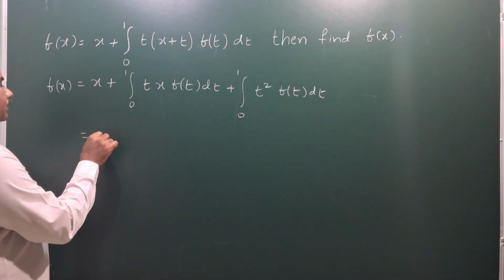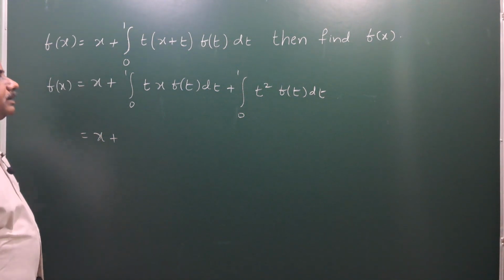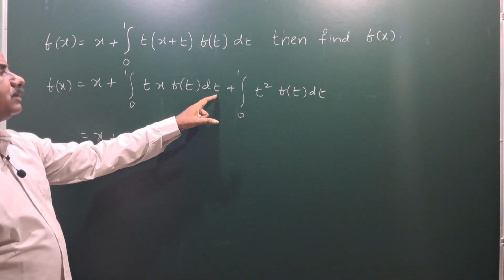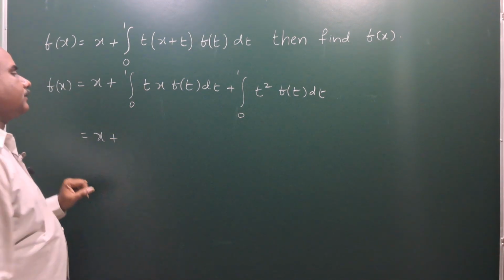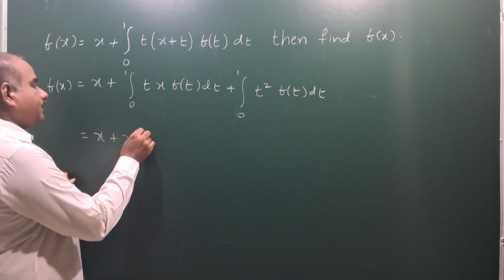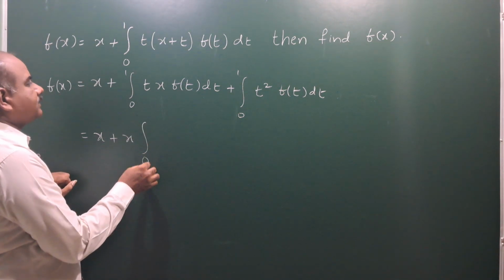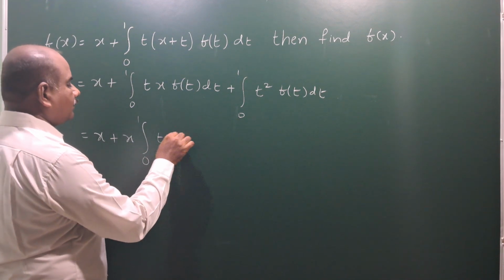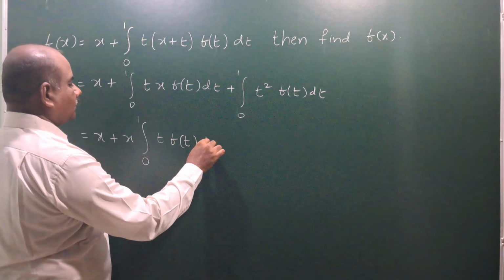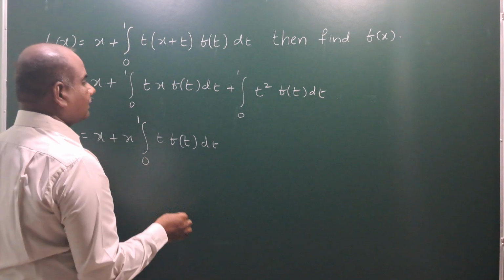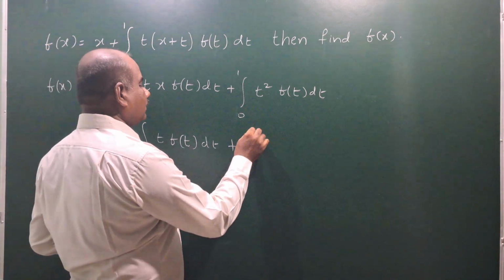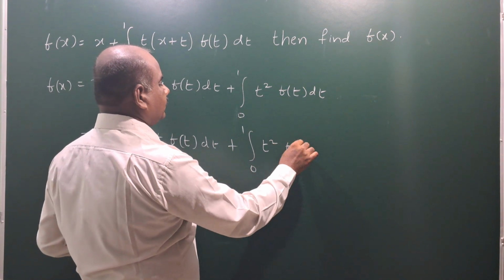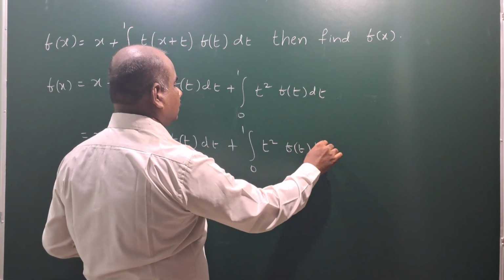Now this can be written as x plus, here we have to integrate the function with respect to t only. So here x is constant, take x outside, and the remaining is like this: the integral from 0 to 1 of t into f(t) dt, and here the integral from 0 to 1 of t squared into f(t) dt.